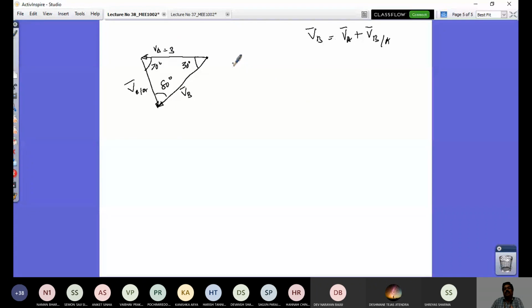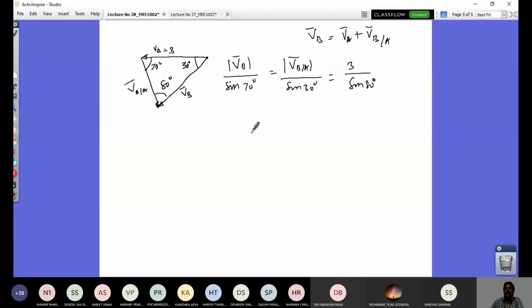So what is that? Modulus of VB by sine of angle 70, opposite to that is 70, will be modulus of VBA by sine of angle 30, opposite to that is 30. That would be equal to 3, its magnitude here, by the opposite angle, sine 80.